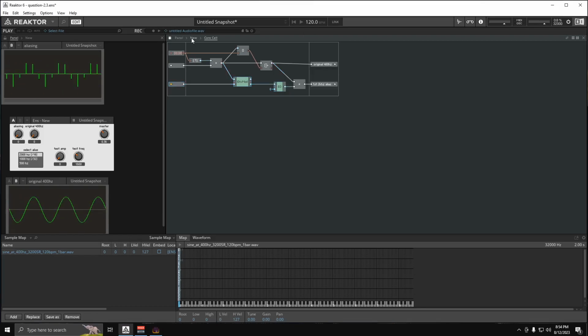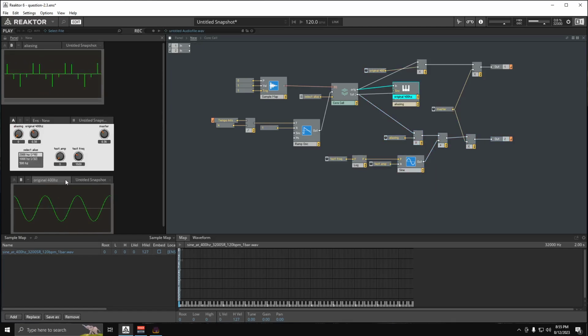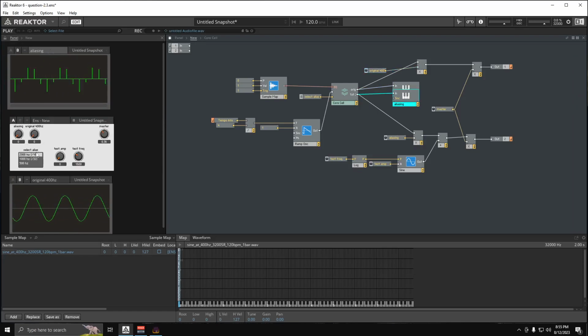Boom. And then in this one, the left ear is the original sound and the right ear is the aliased sound. This is the original 400 hertz playing back, and this is the aliased one, which looks all blocky.